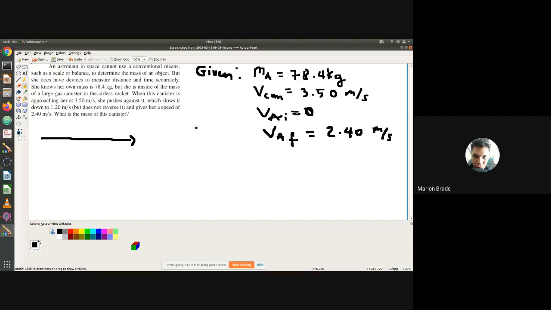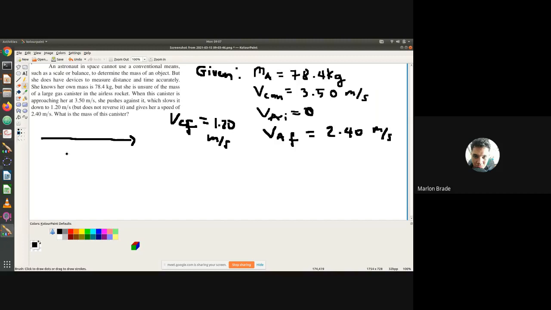So ang atong canister, the final velocity of the canister is equal to 1.20 meter per second. So okay. So mao na ni ang given.